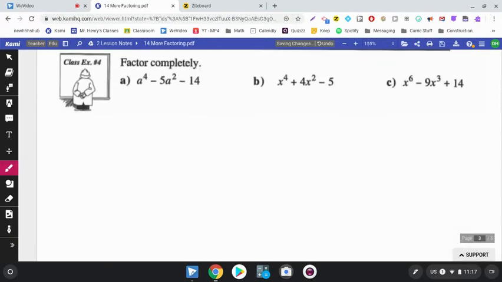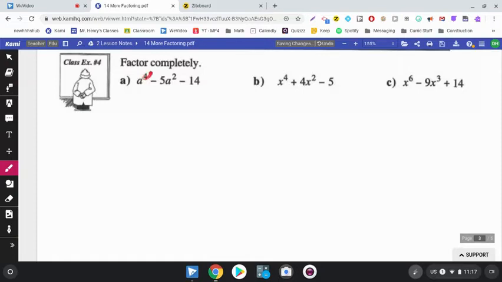Okay, this is I think a little page ahead, and it's at the bottom. I'm skipping the main blurb. I want to go back to decomp now. Okay, and here's an interesting scenario where decomp is going to work for a large portion of things. a to the 4 minus 5a squared minus 14. Well, everything I've factored has just been a power of 2. It's been a squared or x squared or y squared or whatever.